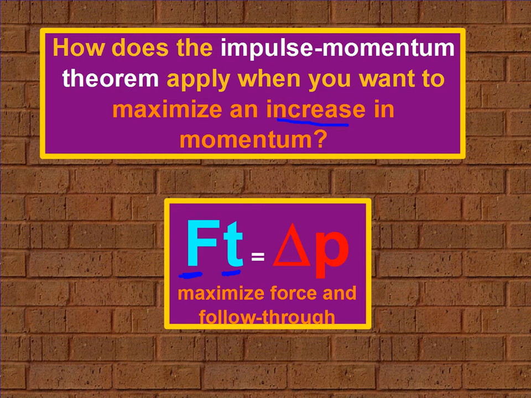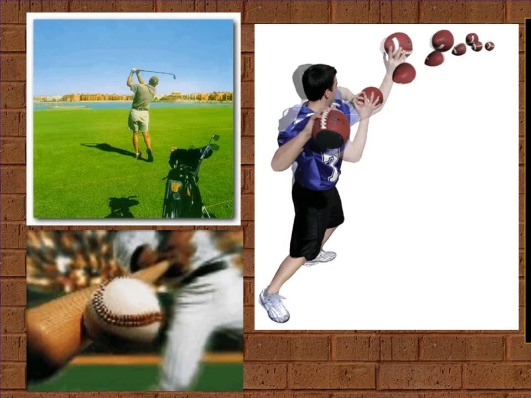Some real-life examples, well, golf, football, baseball, pretty much any sport, you're going to want to increase the time by what the athletes call follow-through. And if you want it to go as far as possible, you're going to want to throw it with as much force as possible.